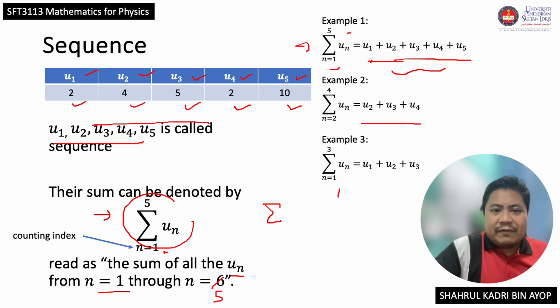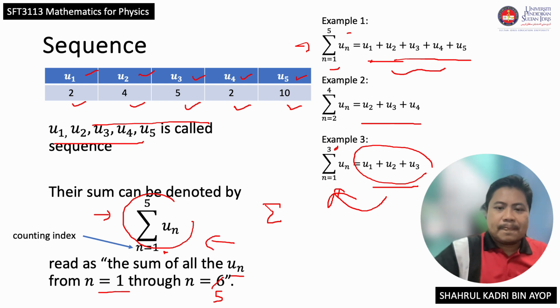And if we start from 1 to 3, we have 3 terms. So this can be represented by this summation notation. That is the sequence and how we can write the summation of the sequence.